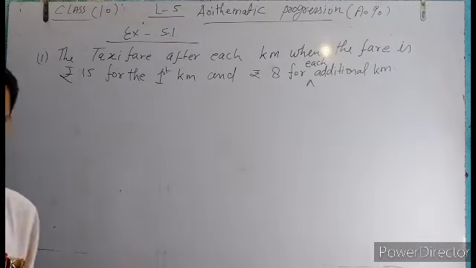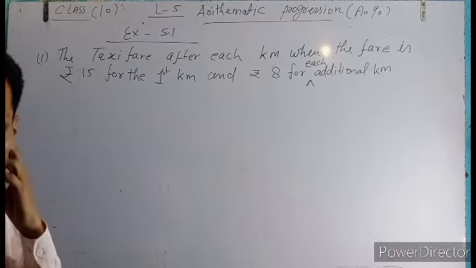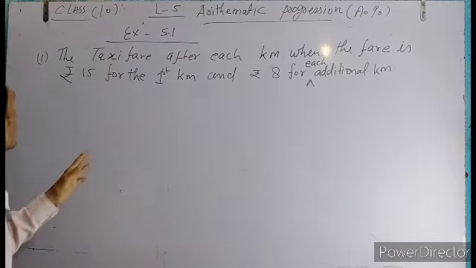In which of the following situations does the list of numbers involved make an arithmetic progression?